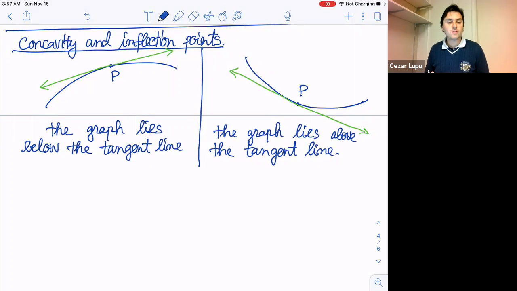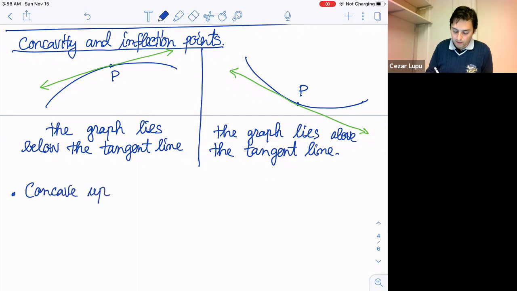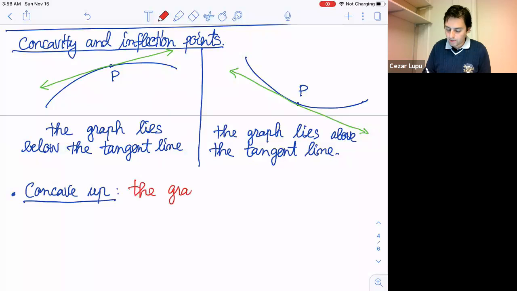Okay, so imagine these two situations. And now we would like to see what it means for a function to be concave up. So we have seen what it means for a function to be increasing, decreasing. Now let's see concave up and concave down. So concave up means that, let me write it with red, the graph, sometimes concave up we call this convex or whatever.